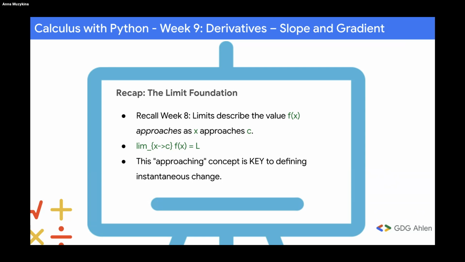The idea of investigating what happens as things get infinitesimally or arbitrarily close is precisely the tool we need to move from average rates of change to instantaneous rates of change, which is what derivatives are all about.